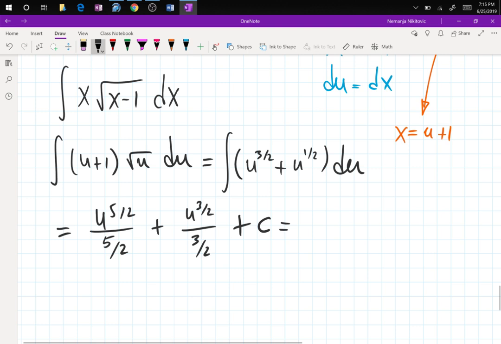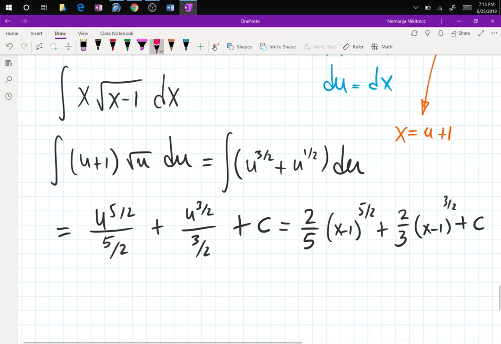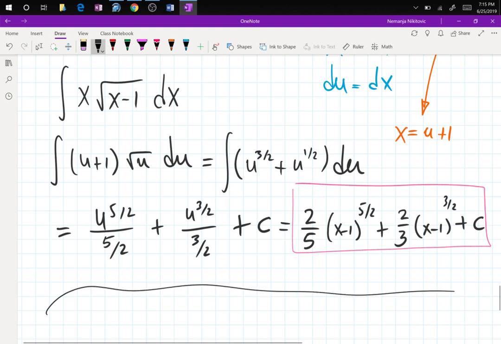So now, the double fraction, the 5/2 in the denominator becomes 2/5 when you put it up. And u was x minus 1. So, 2/5 times x minus 1 to the 5/2 plus 2/3 times x minus 1 to the 3/2 plus c. And then, if you are interested, go ahead, differentiate that. It will collapse into this if you want to check the answer.